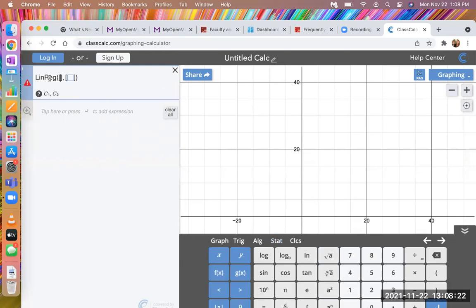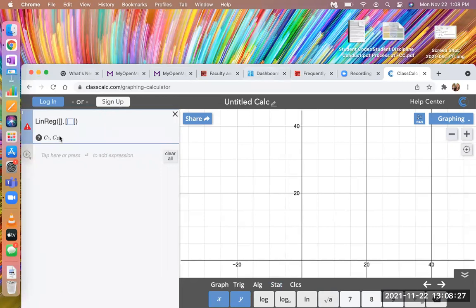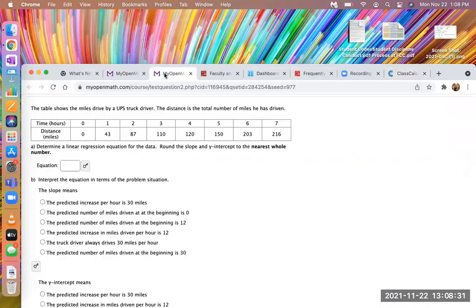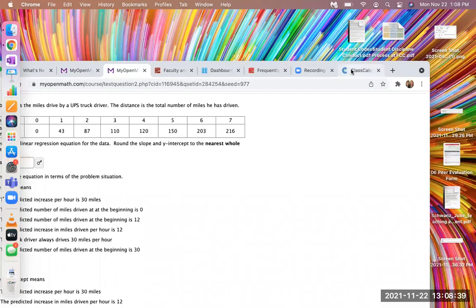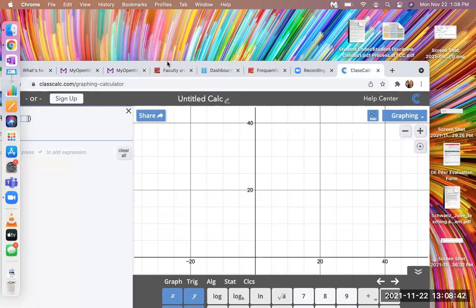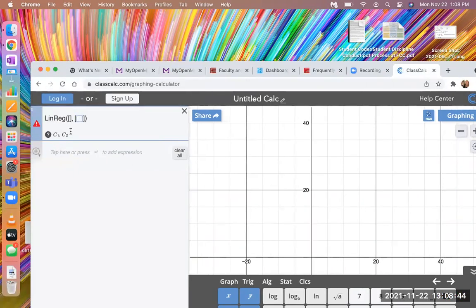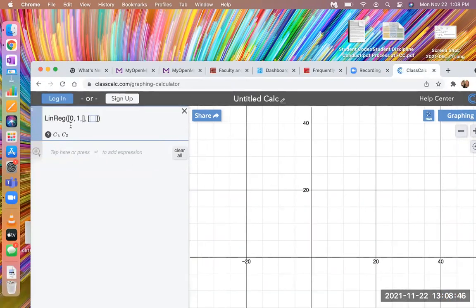So I press linear regression, and then I enter the numbers in the first list: 0, 1, 2, 3, 4, 5, 6, 7.